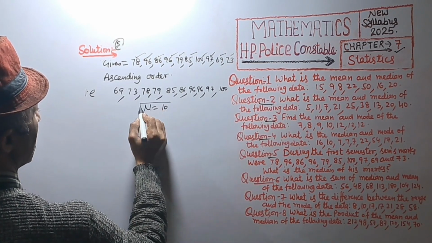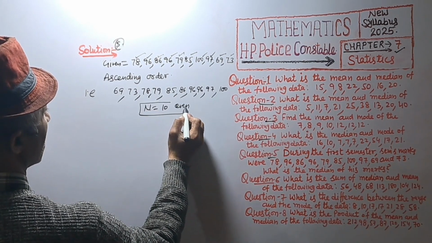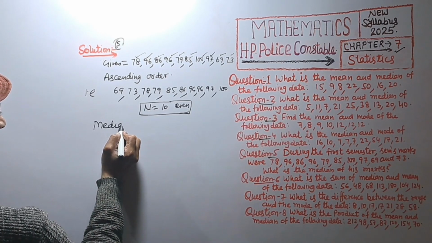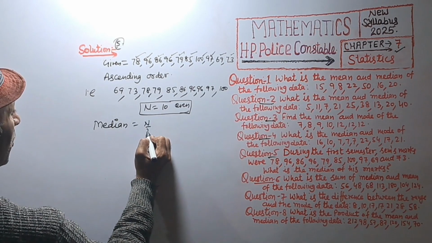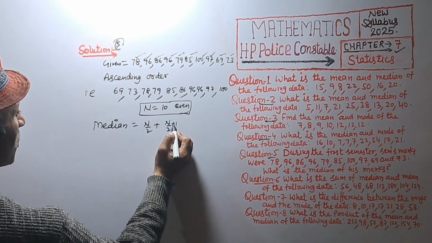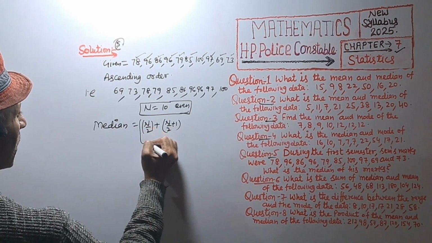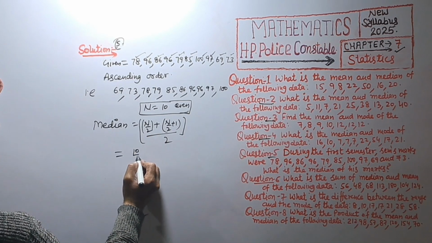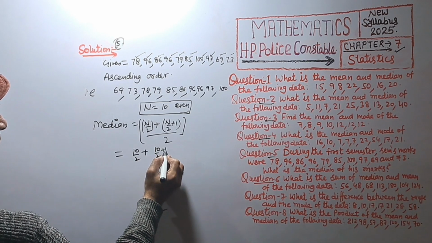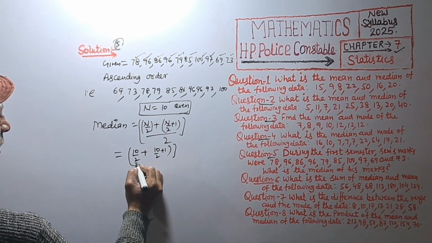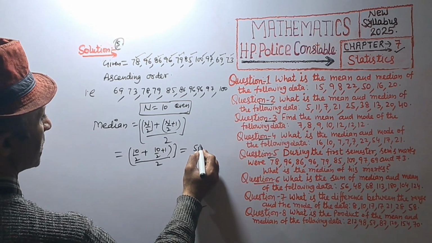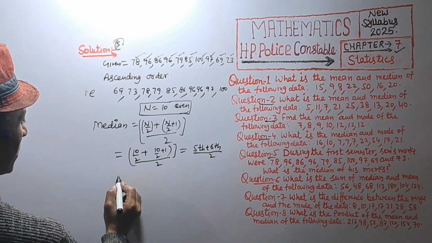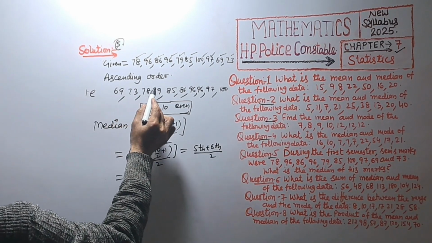n is equal to 10, which is even. In case of even, median equal to n upon 2 plus n upon 2 plus 1 term divided by 2, that is equal to 10 upon 2 plus 10 upon 2 plus 1 divided by 2, equal to fifth plus sixth term divided by 2. 1, 2, 3, 4, 5.